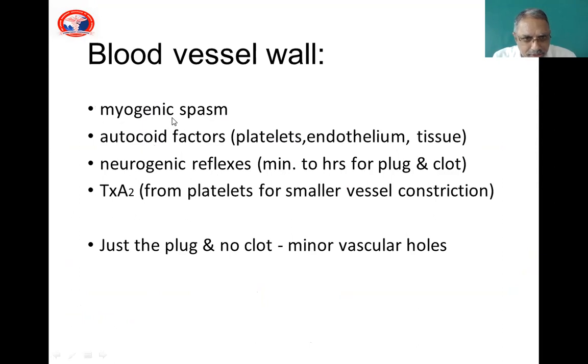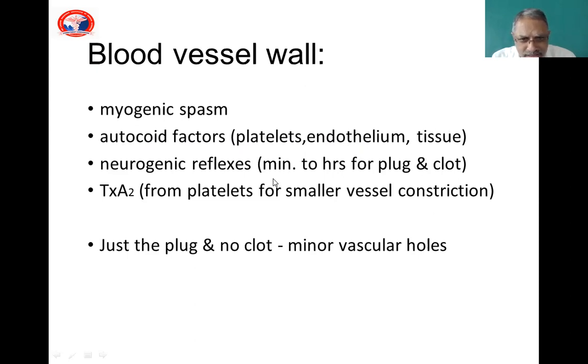Because of the insult from the injury, the smooth muscle wall undergoes spasm, and autocoid factors, that are local factors, are derived from platelets, from endothelium, and from the injured tissue, which enhance hemostasis.